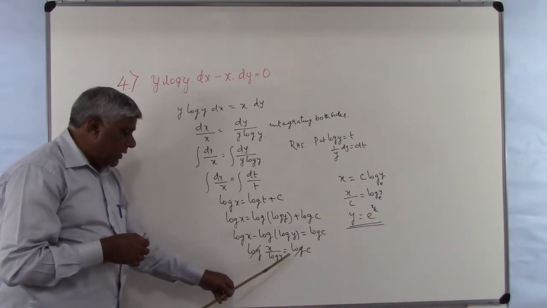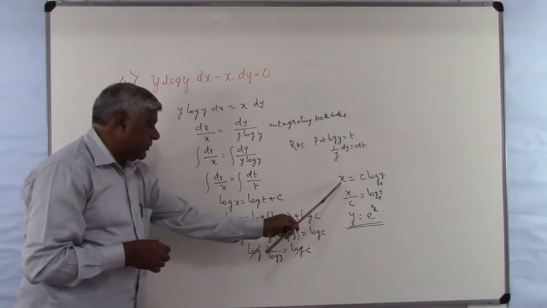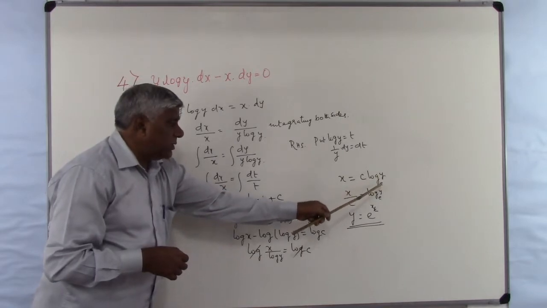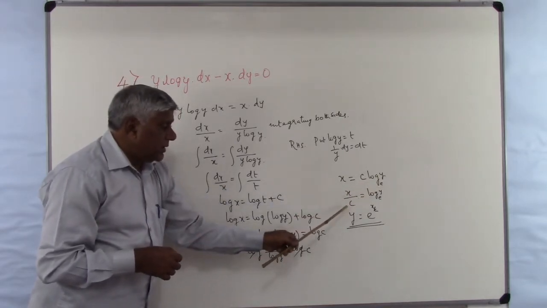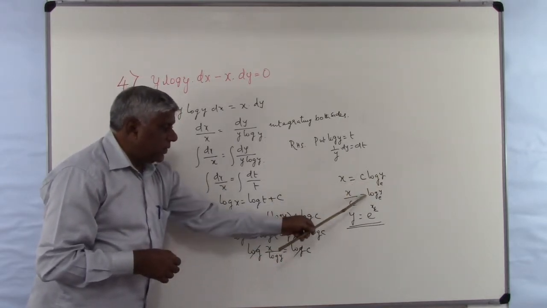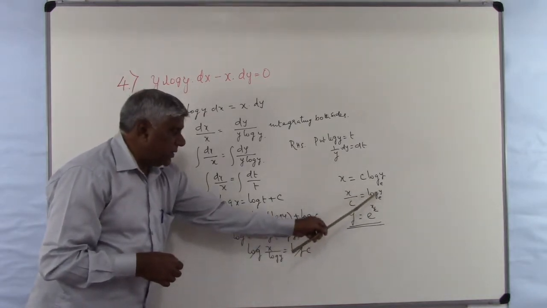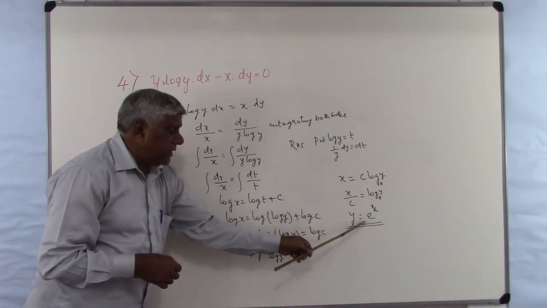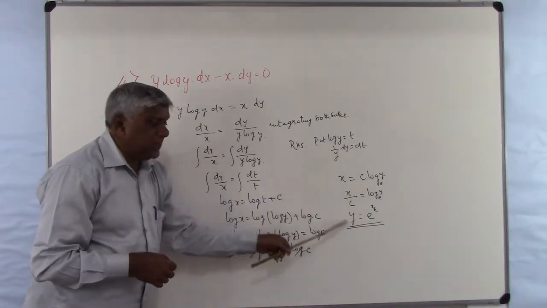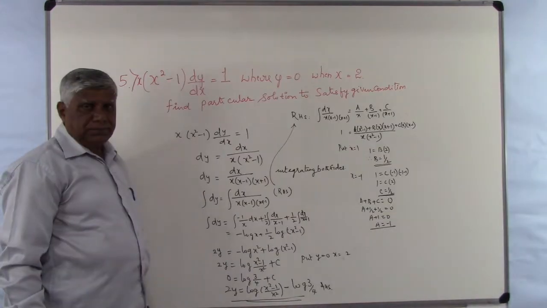X over log y is equal to c, or x is equal to c log y to the base e, or x by c is equal to log y to the base e. Therefore, y is equal to e to the power of x by c. So, this is the answer for this.